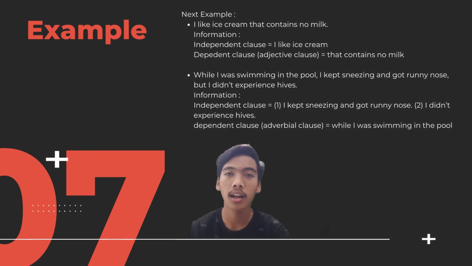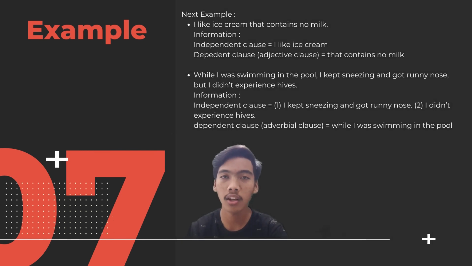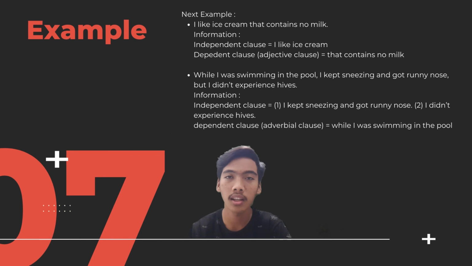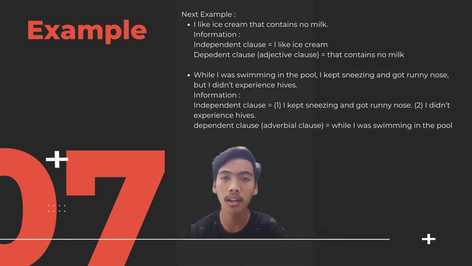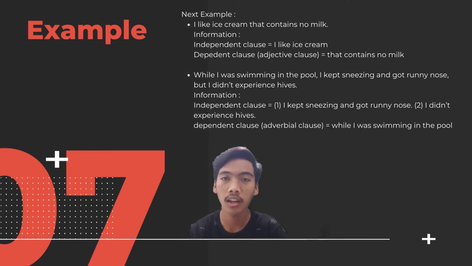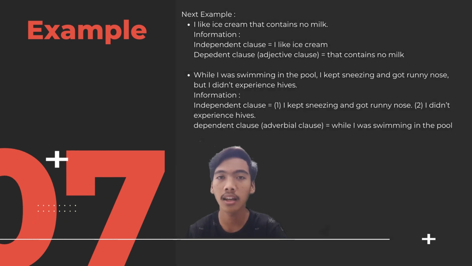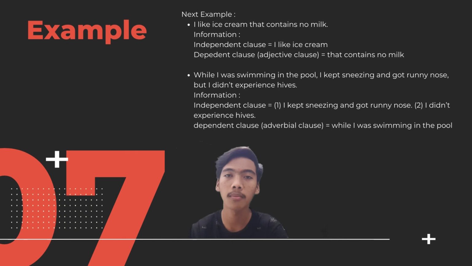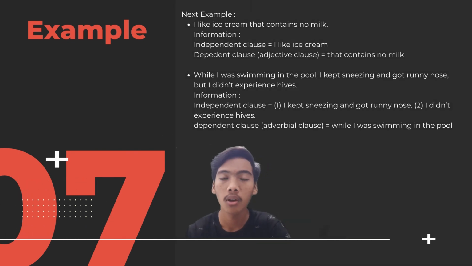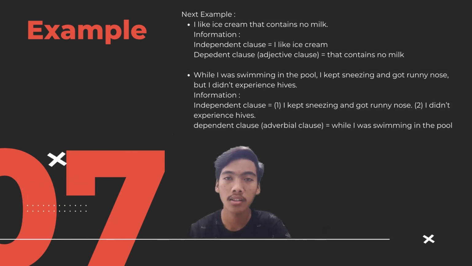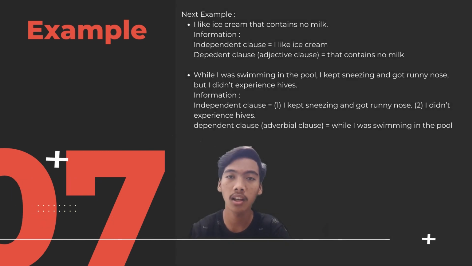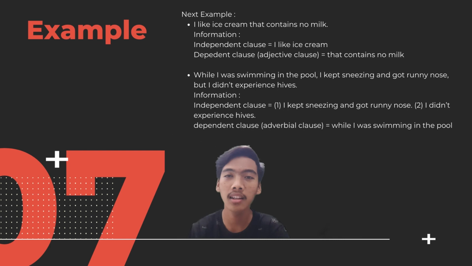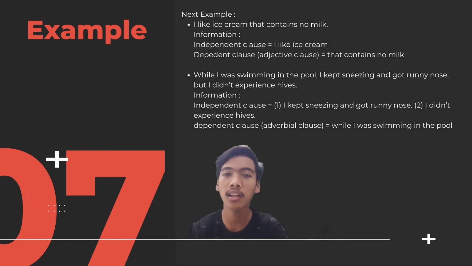Next example: Number 1. I like ice cream that contains no milk. Information: independent clause, I like ice cream. Dependent clause, adjective clause, that contains no milk. Number 2. While I was swimming in the pool, I kept sneezing and got a runny nose, but I didn't experience hives.